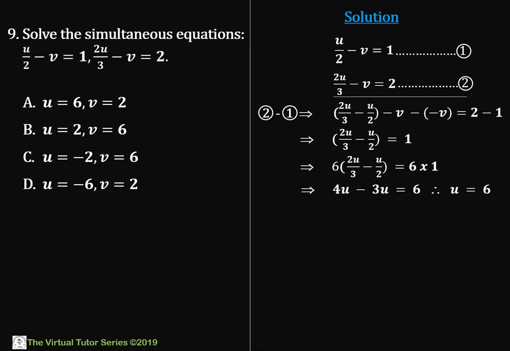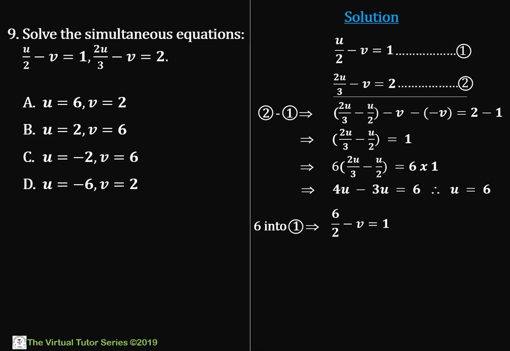Since we now know the value of u, let's substitute this number into either of the original equations and solve for v. In this case, let's choose equation 1. So we have 6 over 2 minus v is equal to 1.